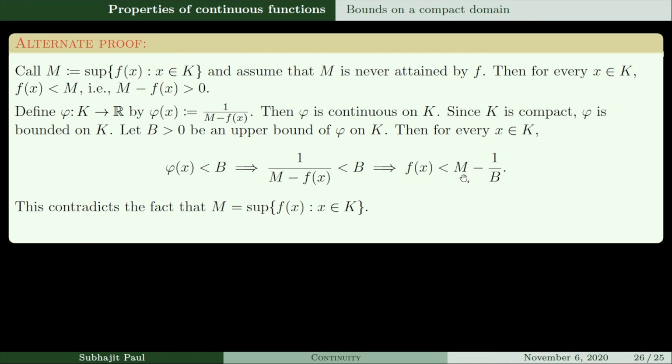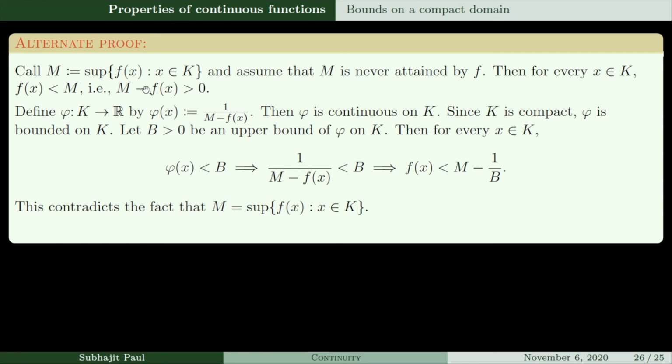So here we see M minus 1 over capital B, where B is a positive number, is a strictly smaller quantity than M, and every point of this set is smaller than M minus 1 over B. So M minus 1 over B is smaller than M and is performing as an upper bound.